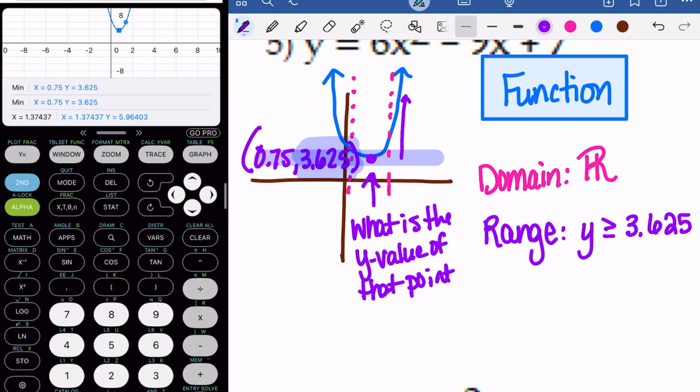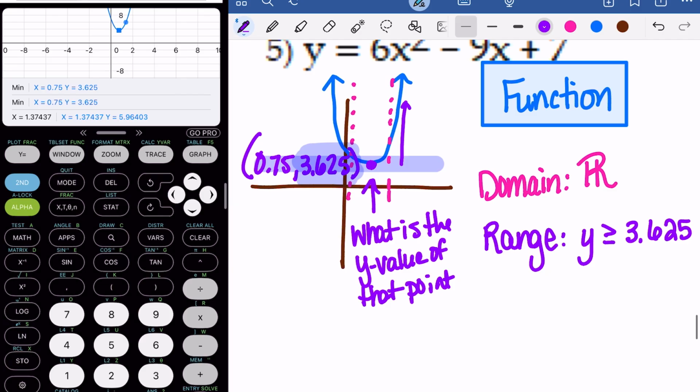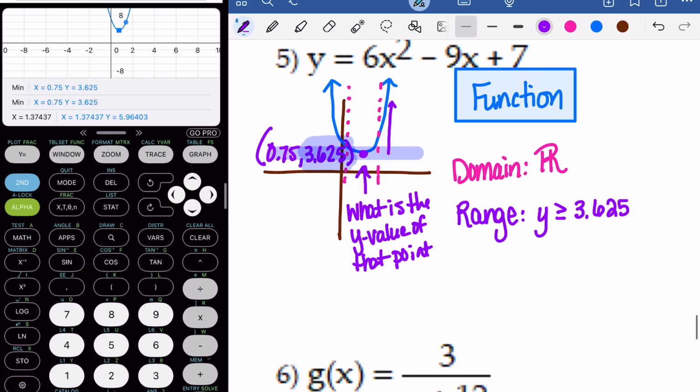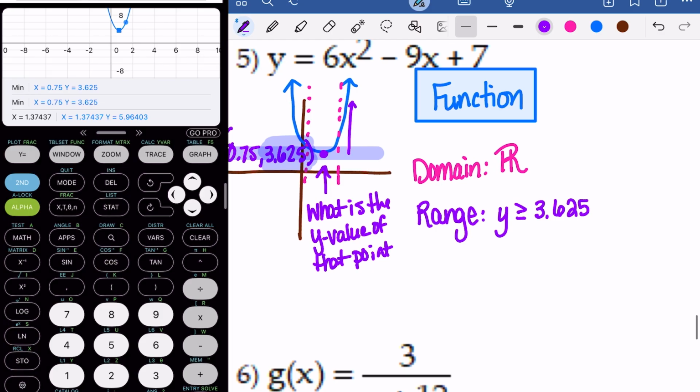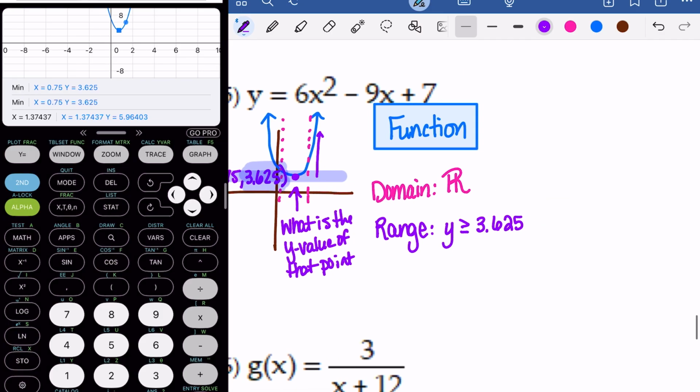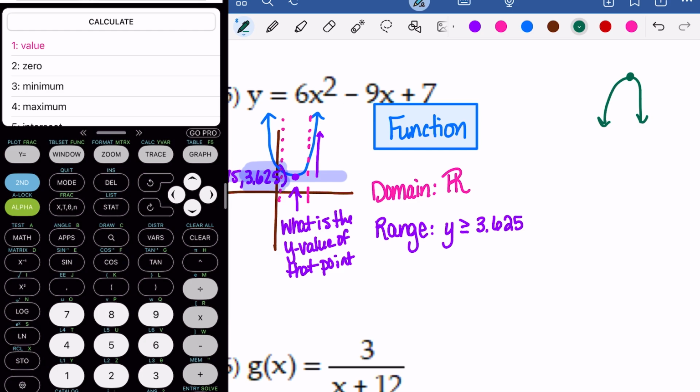Right. Now, if this graph had been flipped upside down, so say instead of it opening up, say we had a graph and it looked like this, we would follow the same steps on our calculator. So we would do second trace, but instead of finding the minimum, we would find the maximum.